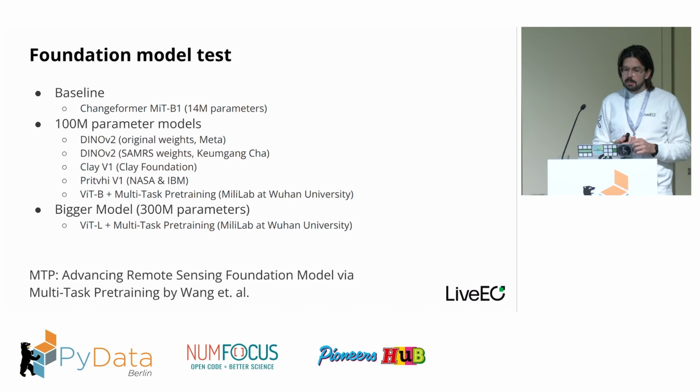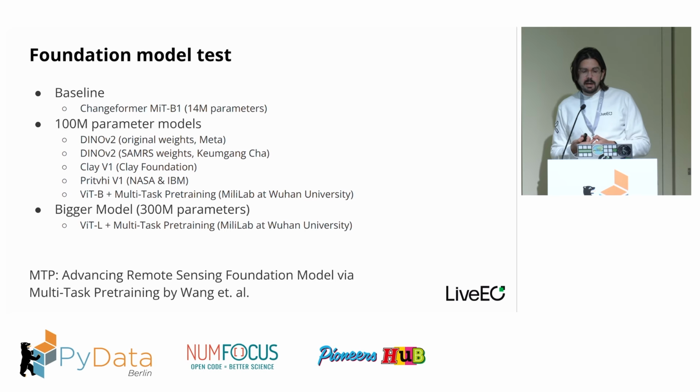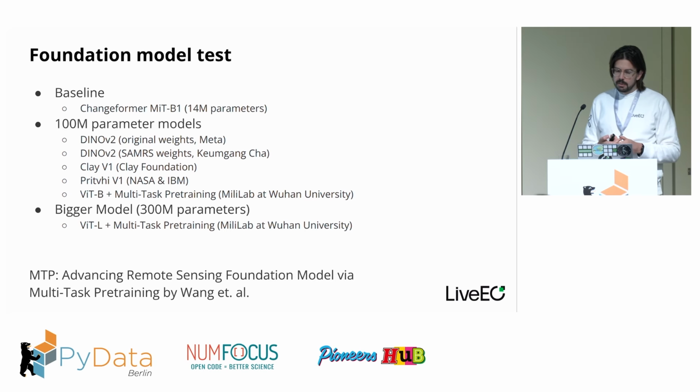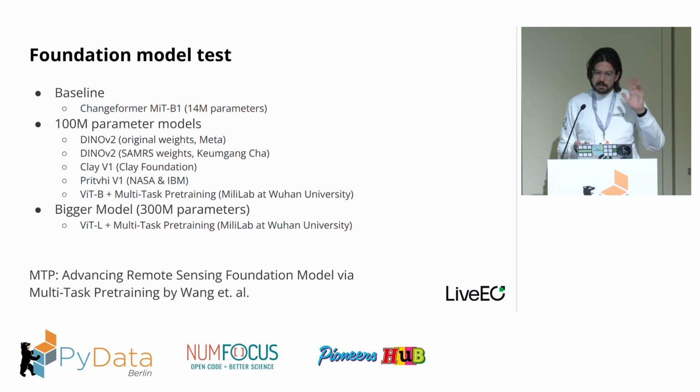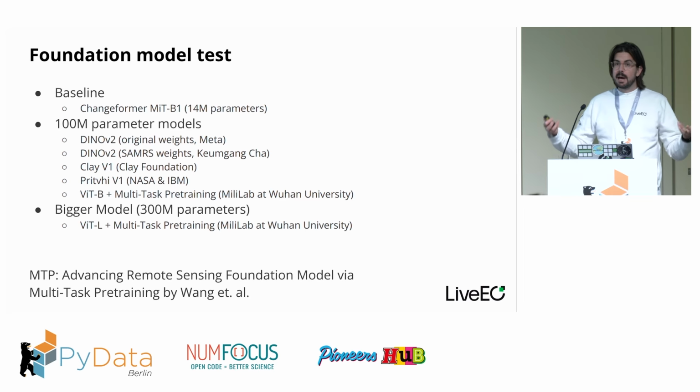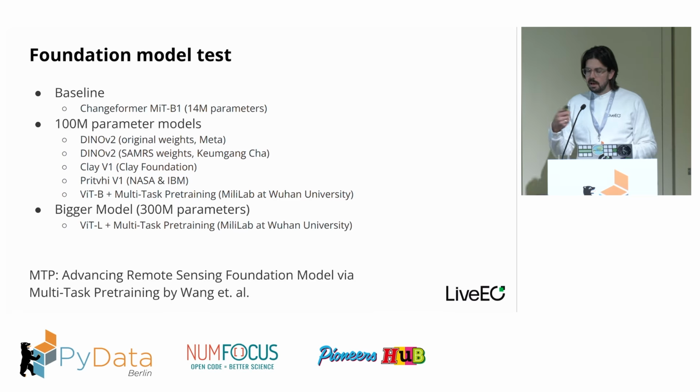They also have a version 2 out in the meantime. And then a vision transformer with multitask pre-training, trained by Millilab at Wuhan University in China. I'll explain what multitask pre-training is in a second. And then basically the bigger brother of that, because we also want to test, does size matter? So we trained the 300 million parameter version of this last model.